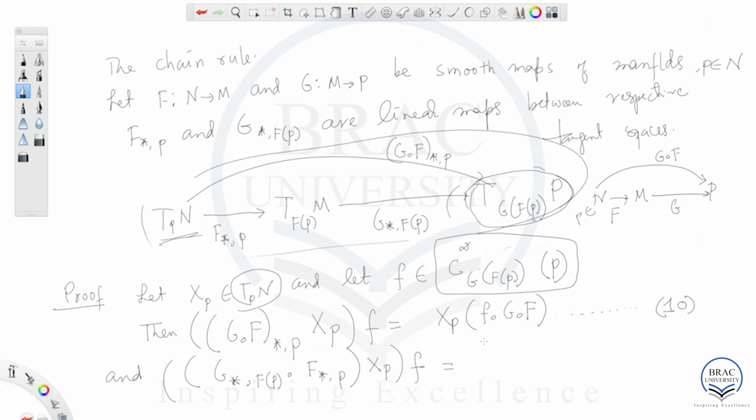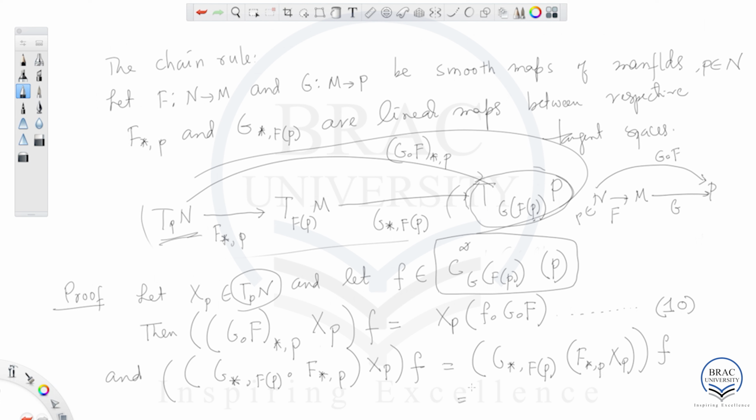So this is g star comma f of p, and then from the usual definition of composition, f star comma p acting on x sub p, and the whole thing acts on f.